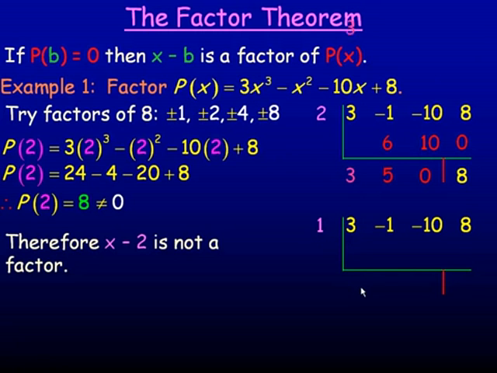And so we bring the 3 down and multiply it by the 1, so 1 times 3 is 3. Negative 1 and 3 add to 2. And 1 times 2 is 2, so we put a 2 here below the negative 10. Negative 10 and 2 is negative 8. Times the 1 is negative 8, and we get a remainder of 0. So that means that x minus 1 is a factor of this polynomial.